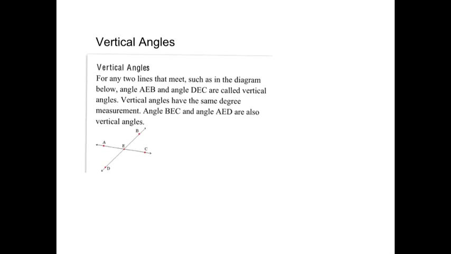Okay, vertical angles. Let's get a definition here. There it is. I'll read it for you. For any 2 lines that meet, such as the diagram below, angle AEB, right here, and angle DEC, are called vertical angles.